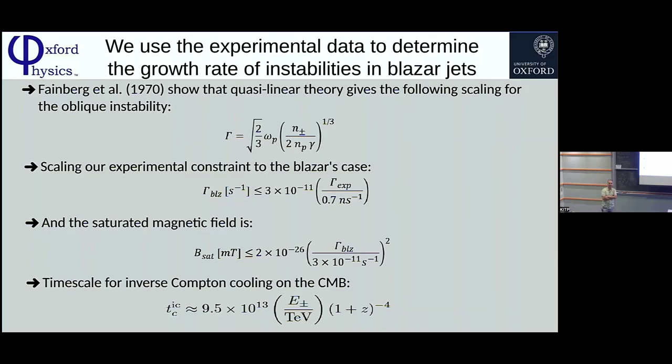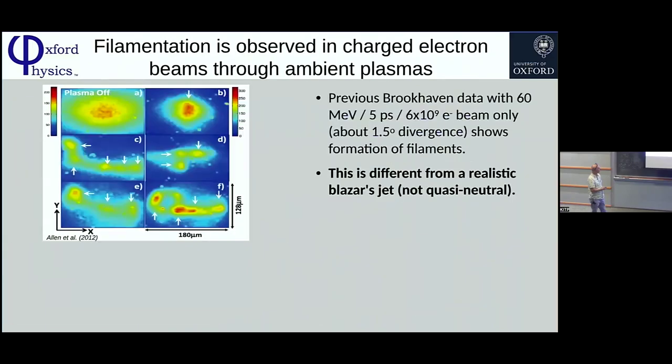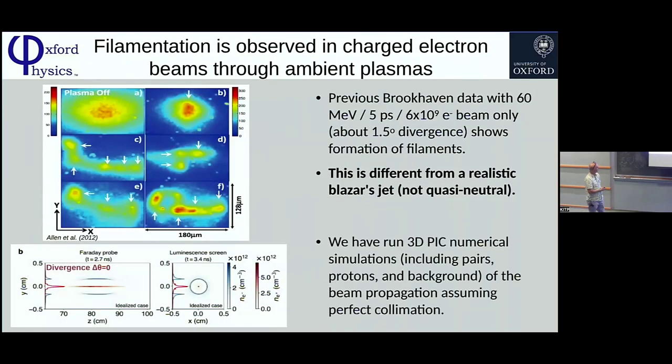Well, in this case, you could have large filaments. It's not that you have tiny filaments and all of them cancel out. Even in these simulations, which assumed a fully collimated beam, the filaments that you see are still very large. Sorry, the filaments you see, is what? I'm not sure what is shown. Can you explain what's shown?